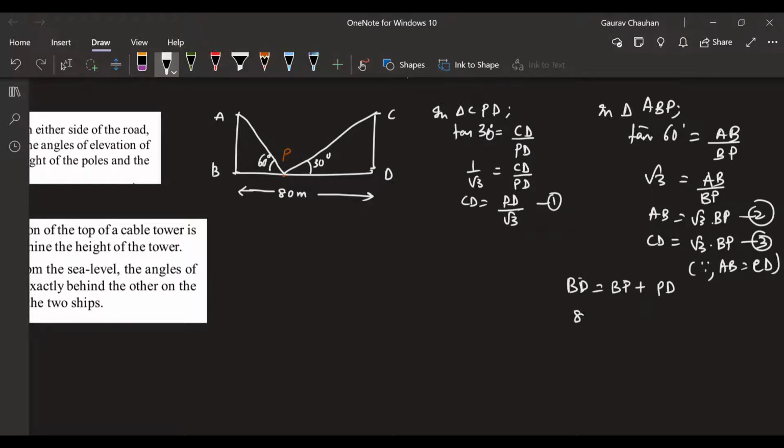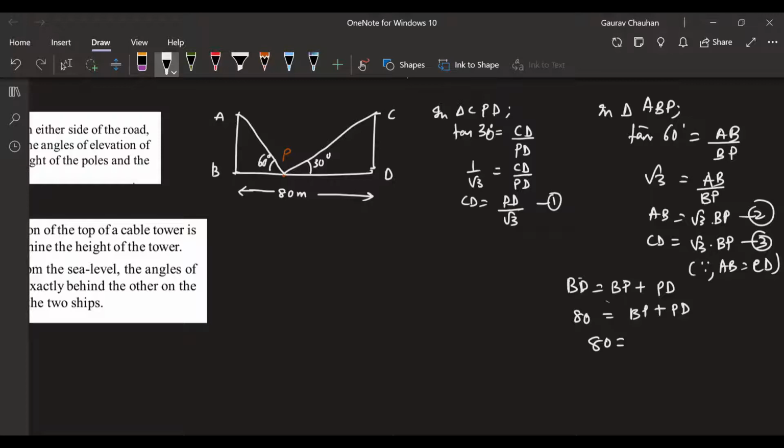We'll write 80 is equal to BP plus PD. Then 80 is equal to BP plus root 3 PD, so we got root 3 over there.